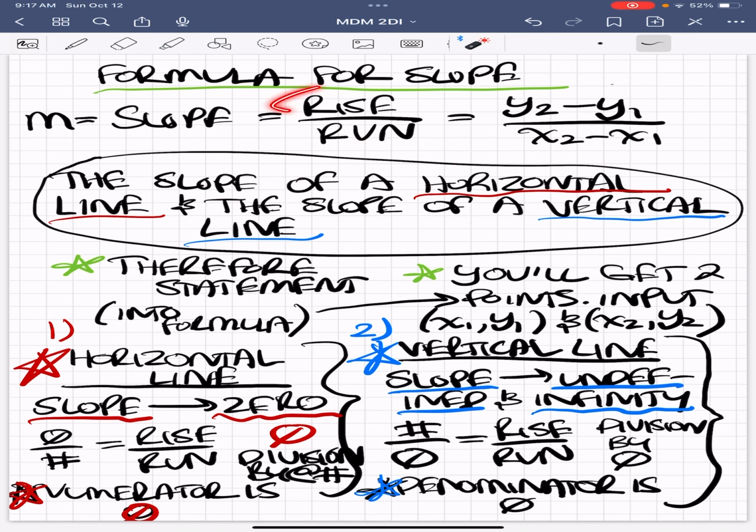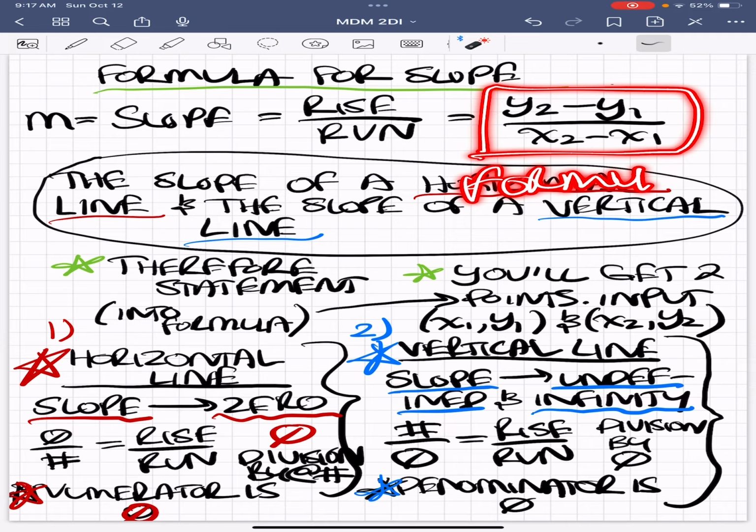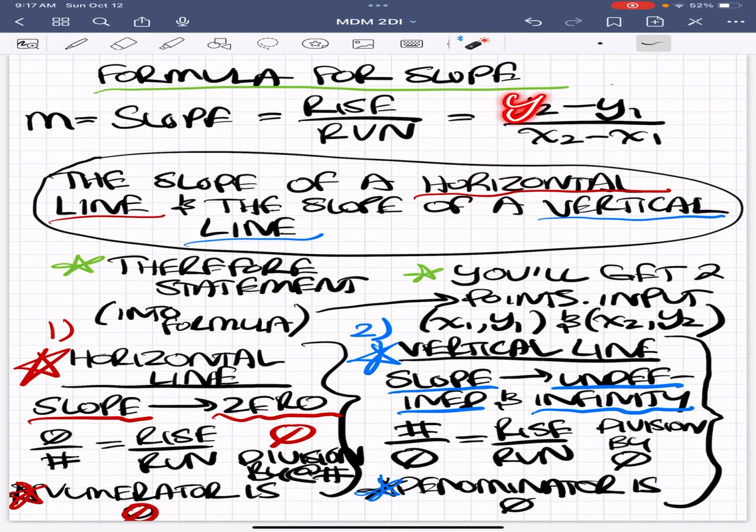And then we have rise and run, and then we have the formula for slope, which is y2 minus y1 over x2 minus x1. And so we have the slope of a horizontal line, and then we have the slope of a vertical line.